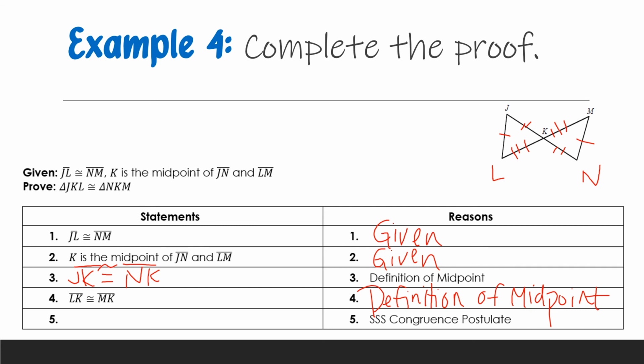So now if we're looking at our figure, we can see that all three sides of the two triangles are marked congruent. So we do know that our two triangles are going to be congruent by side, side, side. So we've got JKL is going to be congruent to NKM.